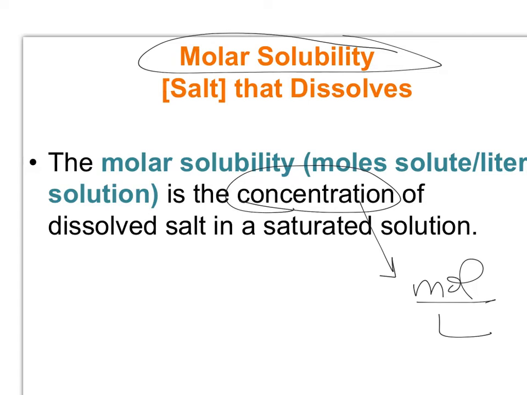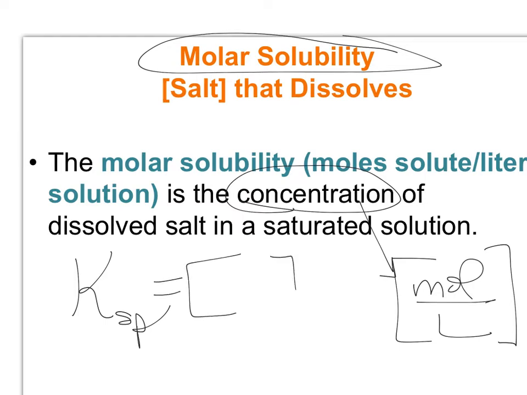If I were you, I'd write that down and highlight that right now. Solubility means concentration of something. Now, solubility product, which is what some people call KSP, is a combination of multiplying solubilities, right?